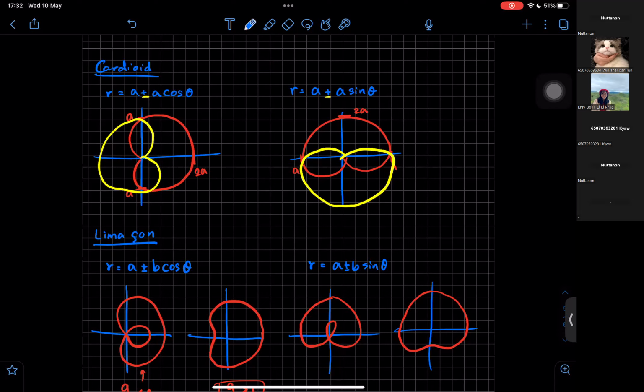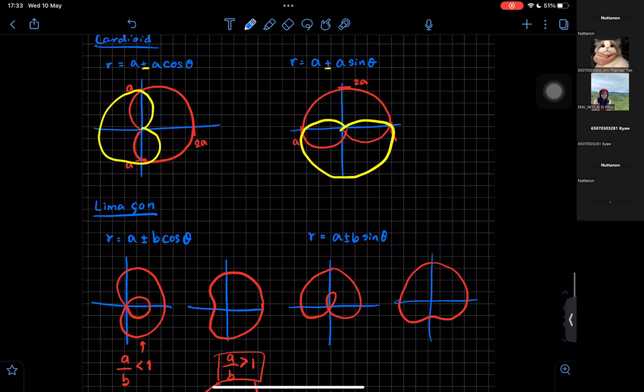Okay. Actually, there are more than this. You can get a line by using polar also. You can have several graphs, like the spiral or the rose graph. But usually you do not see them in the exam.